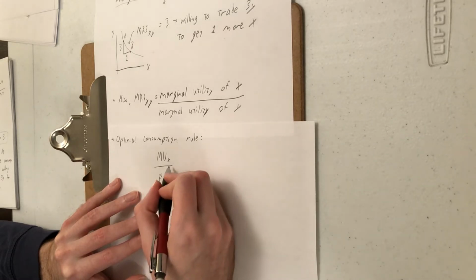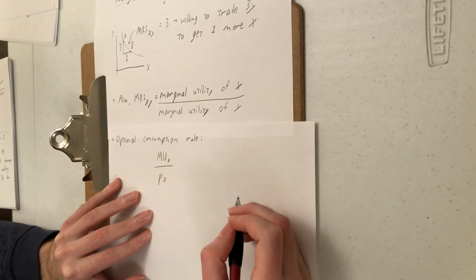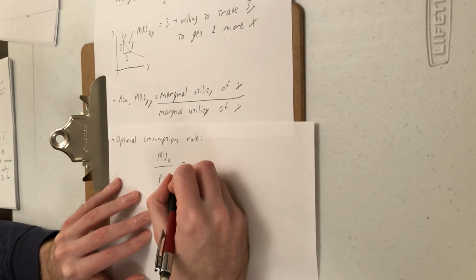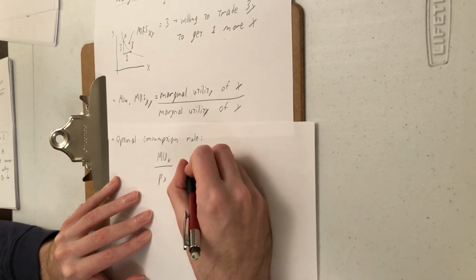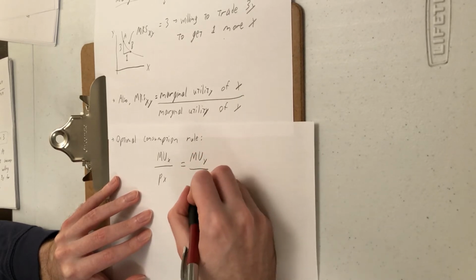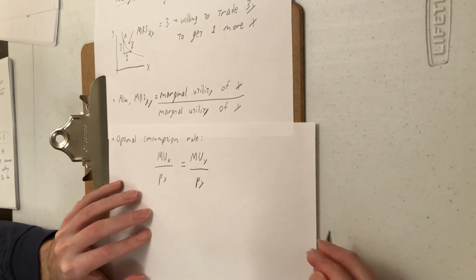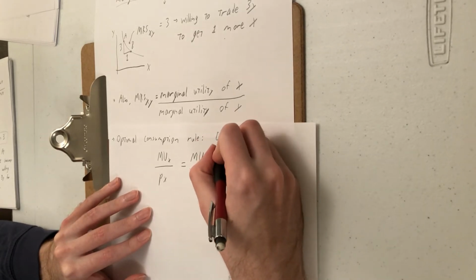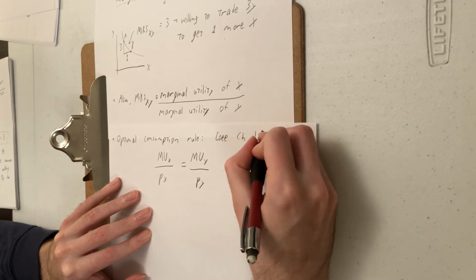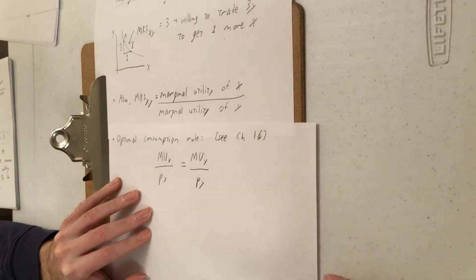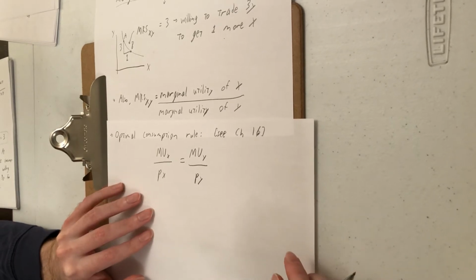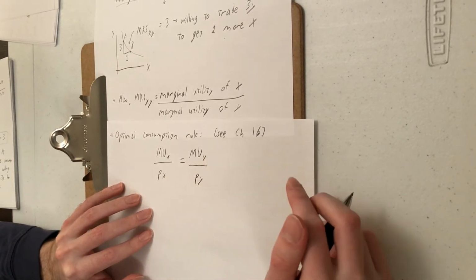equal across goods. So the marginal utility per dollar is marginal utility of X divided by the price of X. So that's how much extra utility you get each time you spend $1 on X. That's equal for all goods, so that also has to equal the marginal utility per dollar you'd get from Y. And we noted very briefly in chapter 16 that you could actually rearrange this.